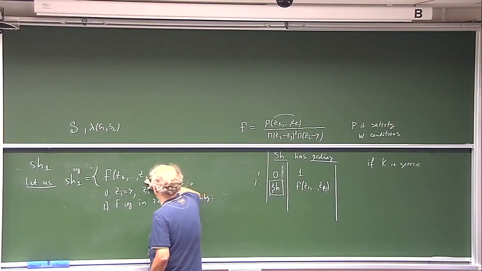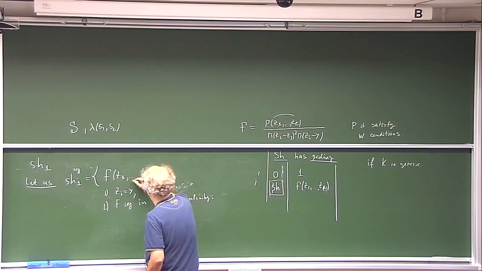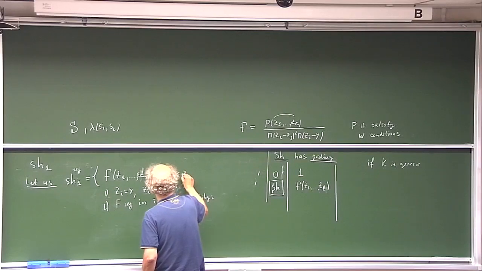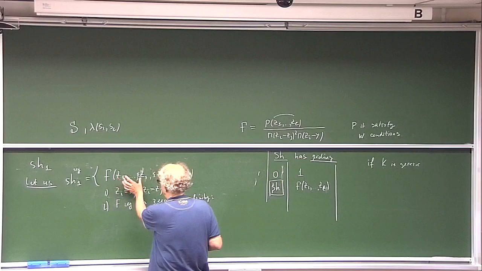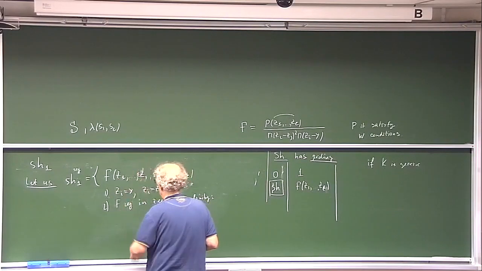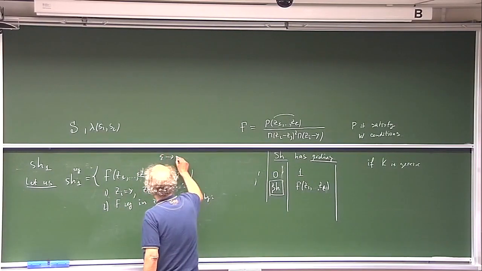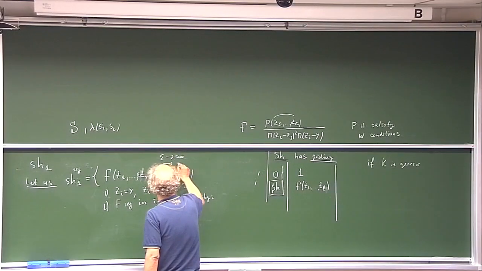Let me recall, I just put in the function z_s epsilon times z_s, epsilon times z_{s+1}, and so on, epsilon times z_8, and I fix this element, send epsilon to infinity or to 0.